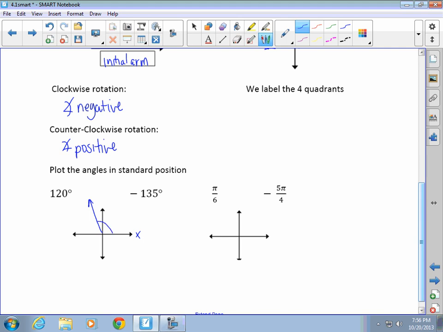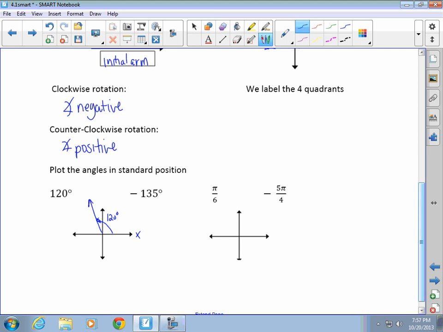So this would be 120 degrees. And when you're putting angle measurements on, you should always have your little arm with the arrow indicating which direction you're going, where it starts and where it ends.